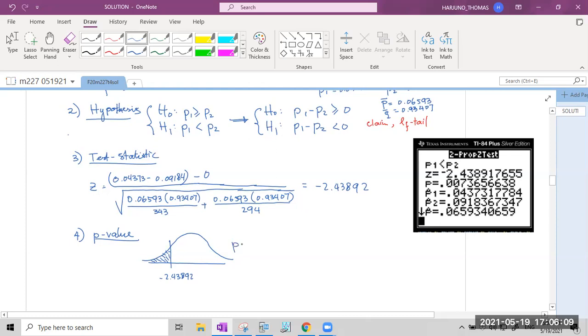So the p-value is normalcdf of negative E99 to negative 2.4389201, and the p-value is 0.007365.